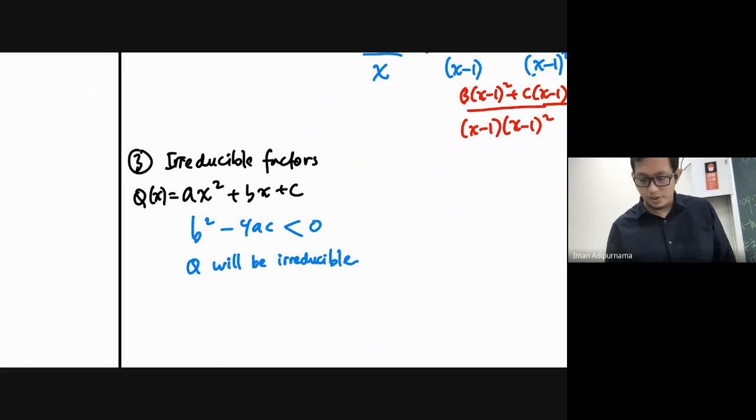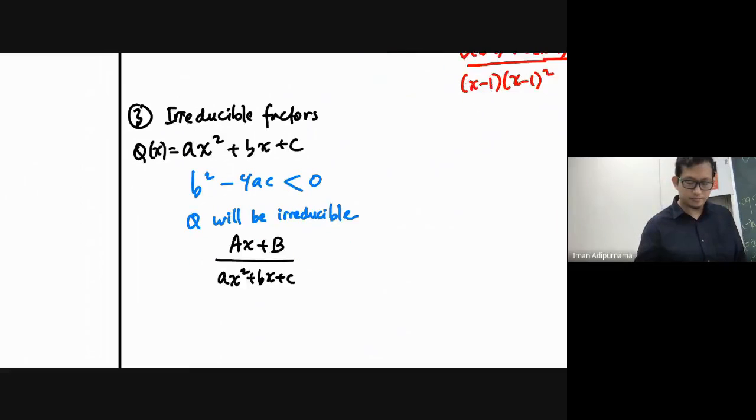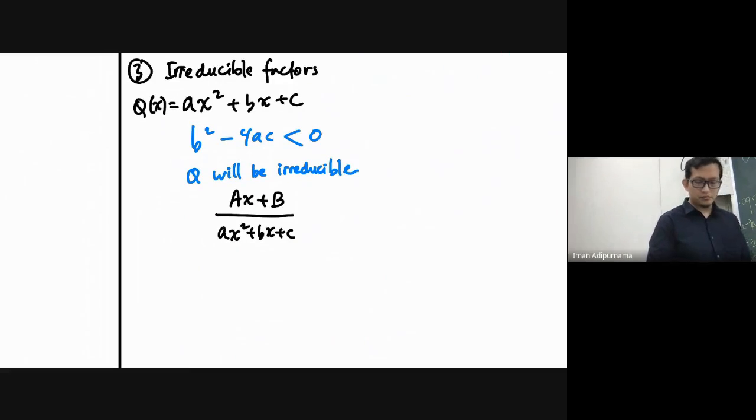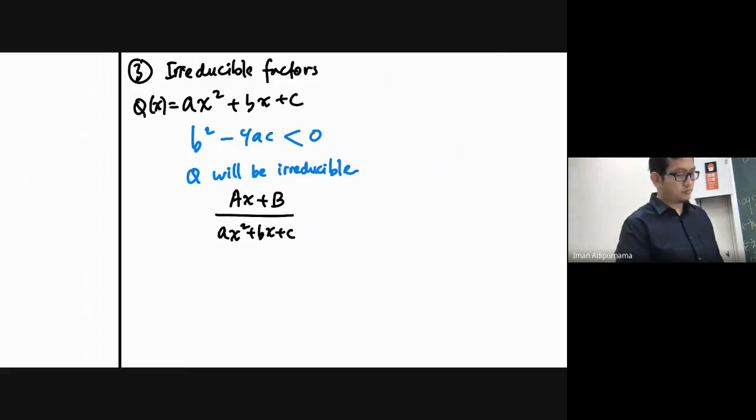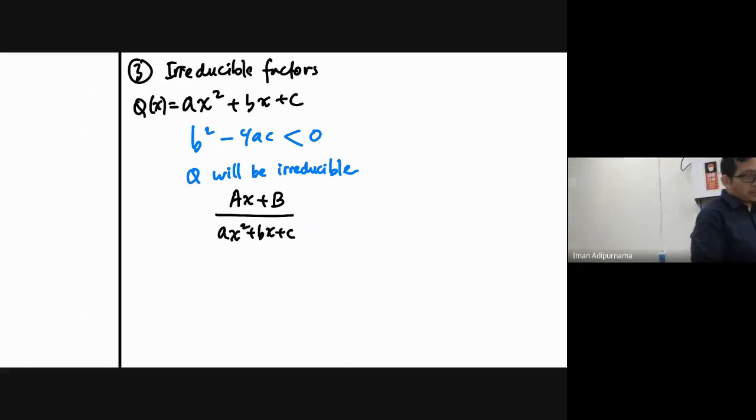So that means we can write q as it is. So the top equation will be the linear expression like that. And that's the third case.